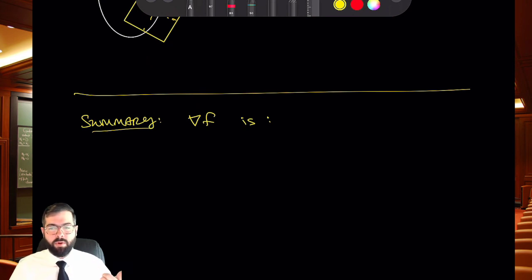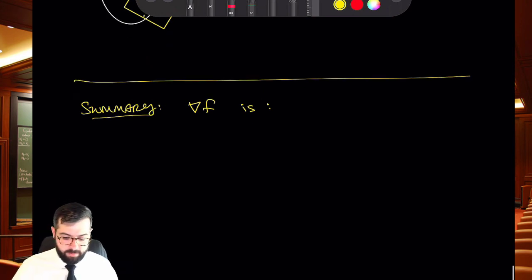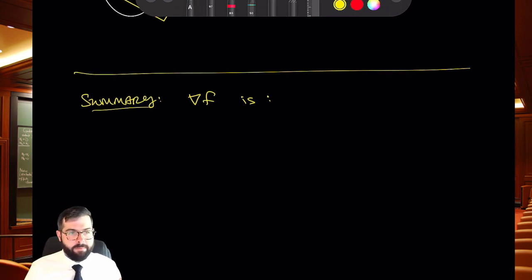What were some of the ones that we named? If you had to tell somebody who was never going to take Calc 3 what the gradient means to them, what it means to you.